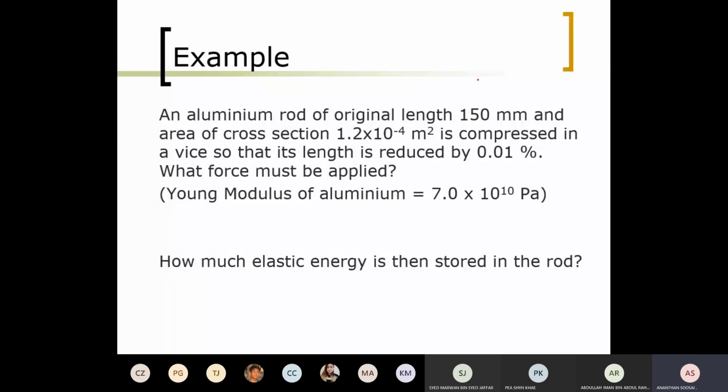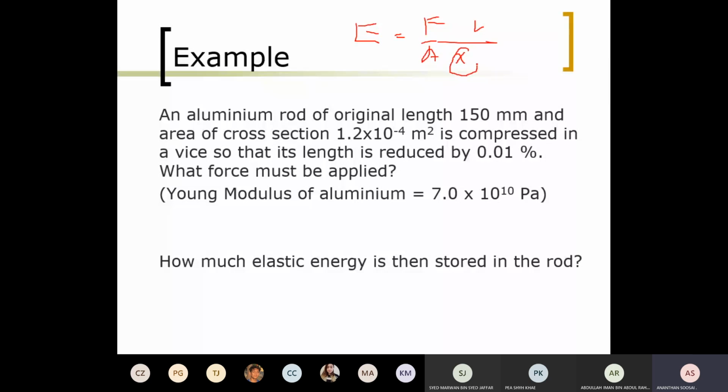Okay, so the aluminum rod has the original length given, and the cross-sectional area is given. It is compressed so that the length is reduced. Now this is compression. X can be compression or extension in the formula. The Young modulus formula is what? Force times original length over area times extension.